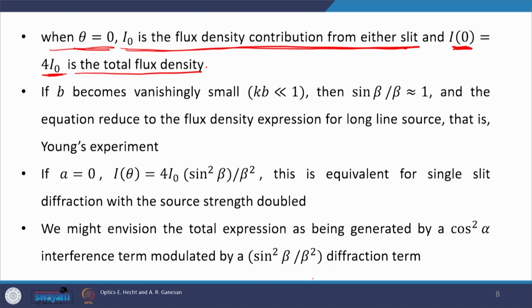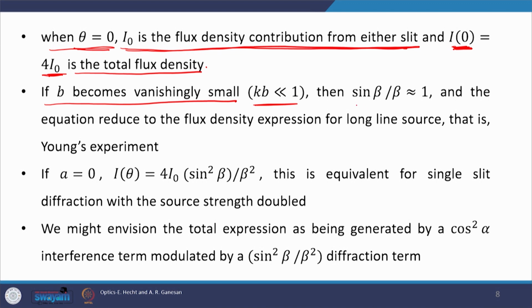The second point: if b becomes vanishingly small, and what is b? It is the width of the slit. Then Kb would be very small, and in this particular case sin beta by beta is equal to 1.